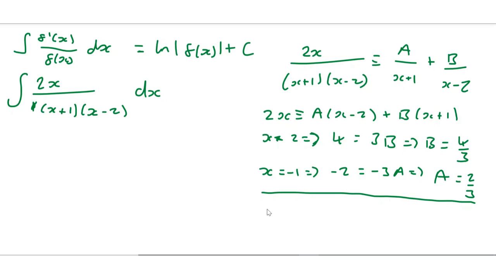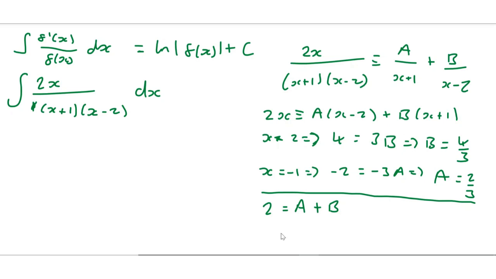So the x coefficient on the left hand side is 2, and the x coefficient on the right hand side is a plus b, because we have ax minus 2a, but that's got no x dependence, plus bx plus b. So the only terms with x there are ax and bx, so the coefficients are a and b. Hopefully you can see that.